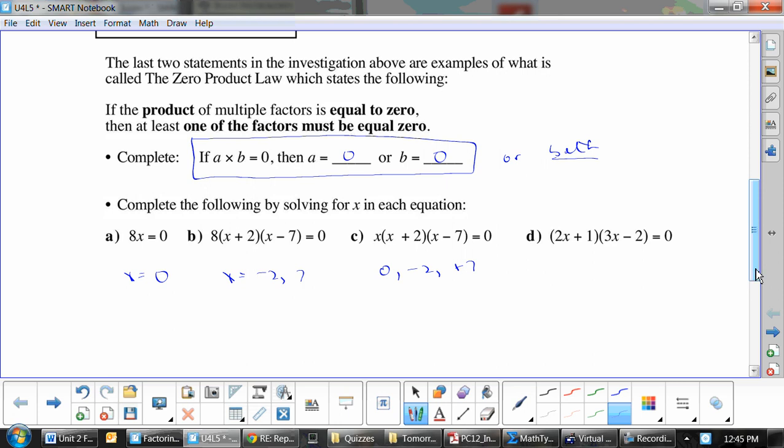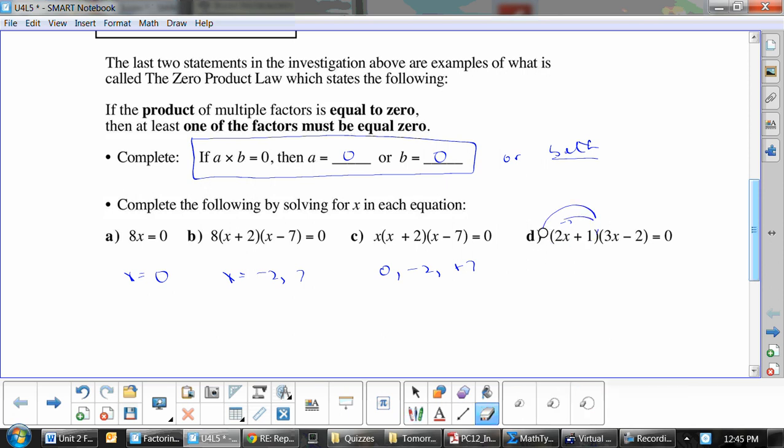No. Because 0 actually, I'm going to do that. See, 2 times 0 is 0 plus 1. This would equal 1 here, wouldn't it? 3 times 0 minus 2, this would equal negative 2. So this would equal negative 2. So 0 is not one of them that works. Negative 2. That would make that negative 3 in here.